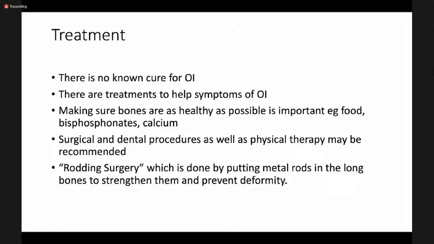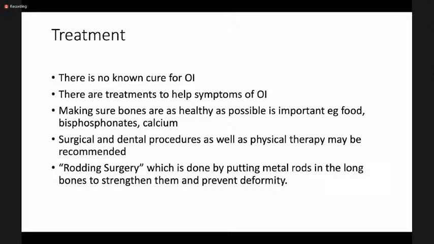How do we treat osteogenesis imperfecta? Whatever we use are just treatments to help with symptoms and to improve the condition of the patient.